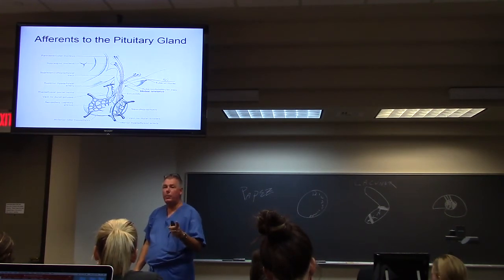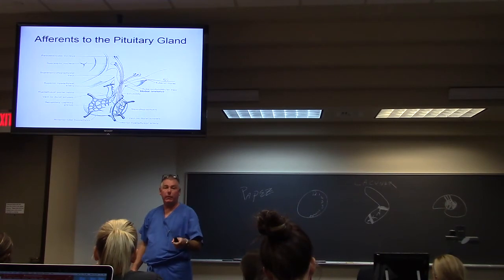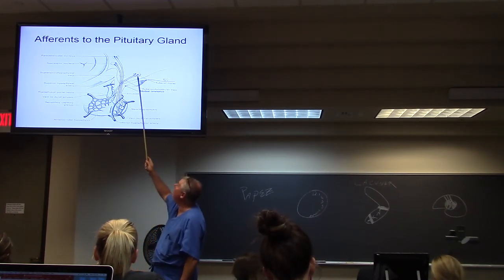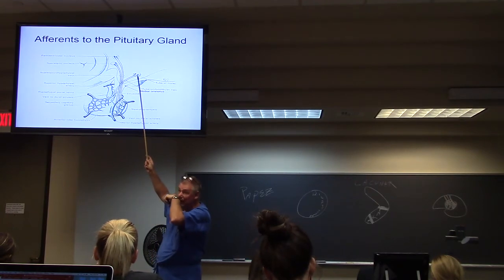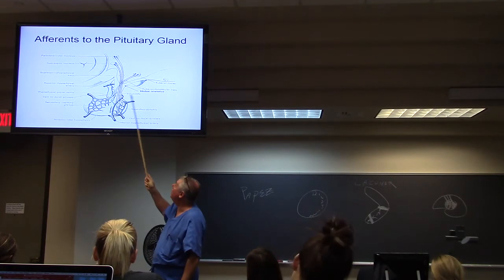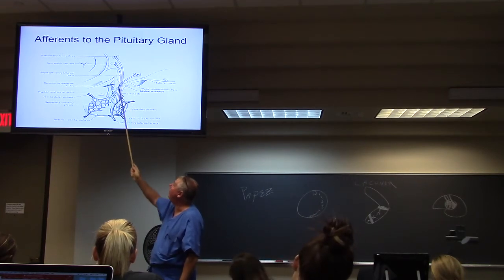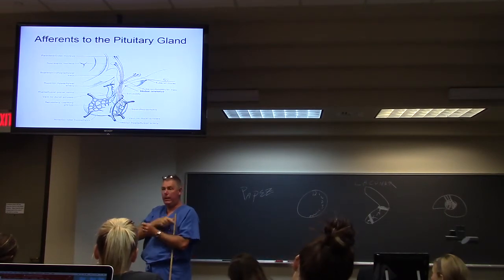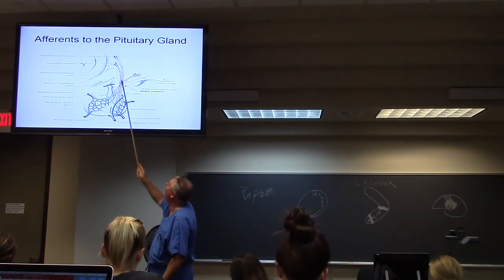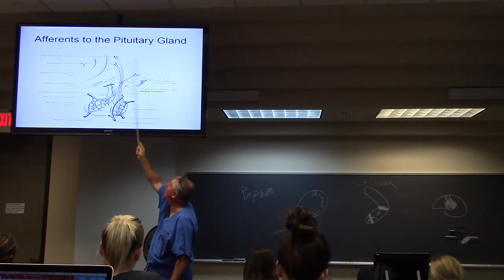The anterior pituitary, though, is different. For the anterior pituitary, you have different nuclear groups from the hypothalamus that project to what's called the median eminence. The median eminence is the part of the funnel where it comes down to the point. So the funnel is open up here. There's the third ventricle.